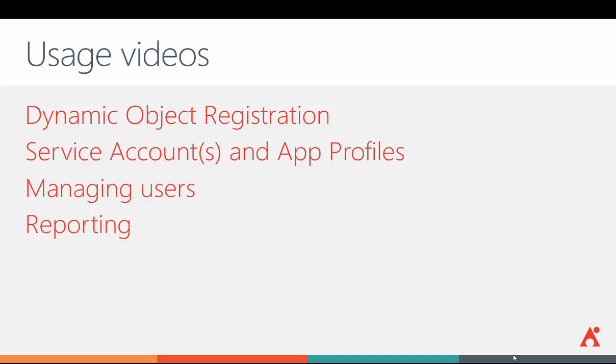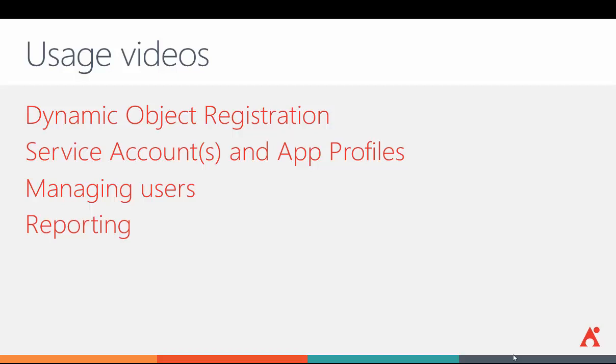The first will be dynamic object registration, which is one of the most important things to set up in AOS, because that's where AOS goes and talks to Office 365 to build a catalog of your various Office 365 objects, your Exchange mailboxes, your SharePoint Online site collections, and so on. It does this so that tools like Cloud Backup know what exists in Office 365 and then can go out and look for those things to actually be able to back up.